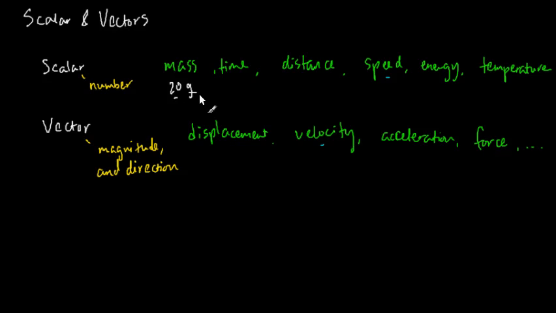There is no direction. Mass has no direction. You can't say whether this piece of wood is up, down, left, or right. So it's just a number with a unit. That's what mass is. It's a scalar.